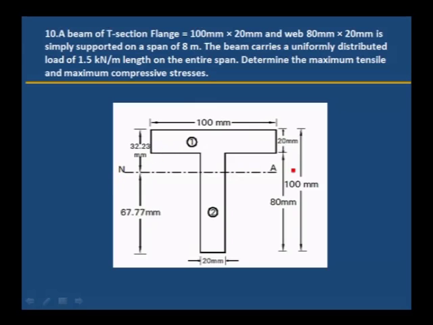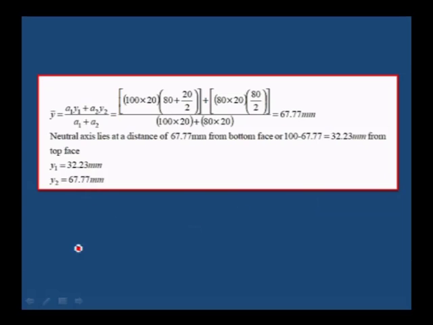You have to locate the position of the neutral axis for calculating the maximum compressive and maximum tensile stress. To locate it, y bar is equal to a1 y1 plus a2 y2 divided by a1 plus a2. We have to find out a1, a2 and y1, y2 for this figure.